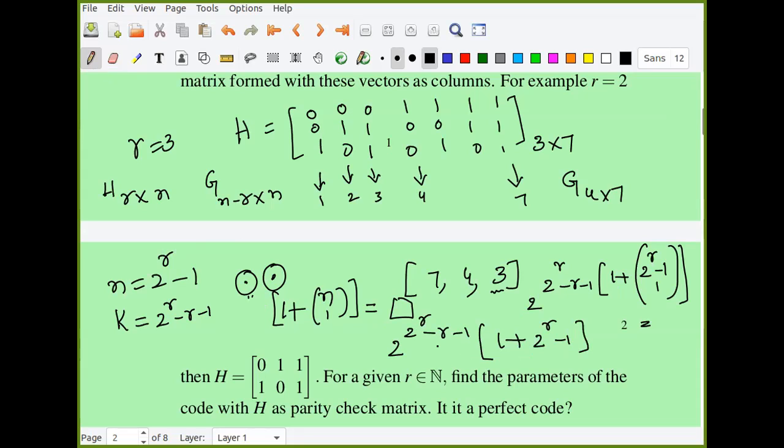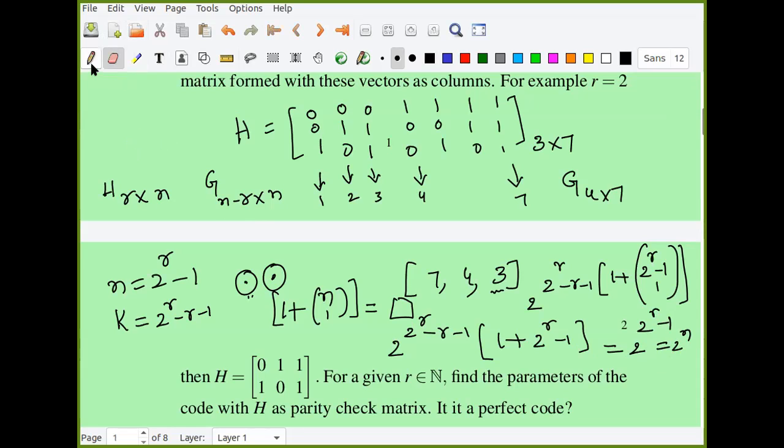This is 2 power k into 1 plus 2 power r minus 1. So now you see that the 1 gets cancelled, and the r gets cancelled. So it is 2 power n, right? That is what perfect code means: I'm able to cover all the vectors in F2 to the n.